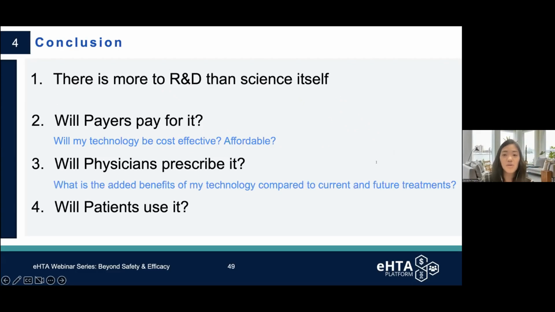Will it be affordable? What is the added benefit that my technology has compared to current and future treatments? And what do patients value when deciding a treatment? And does my technology offer what patients are looking for in a treatment?